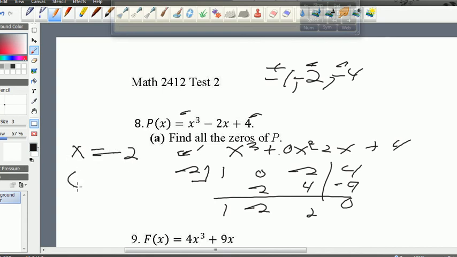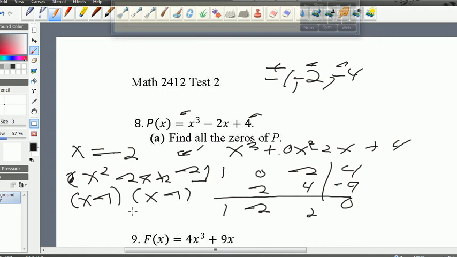I'm going to try now, I have x squared minus 2x plus 2 comes from the bottom. x squared minus 2x plus 2. That should be able to factor to x minus 1, x minus 1.